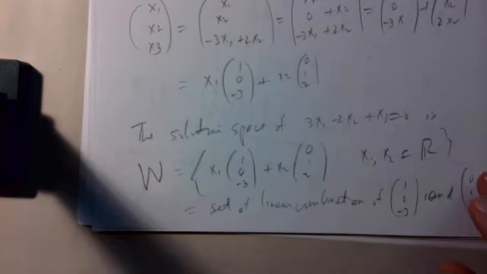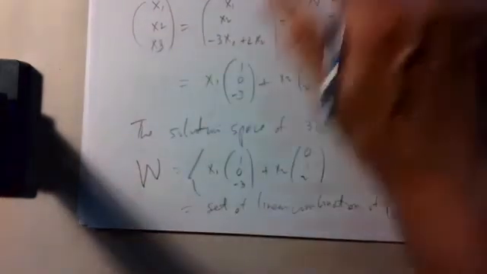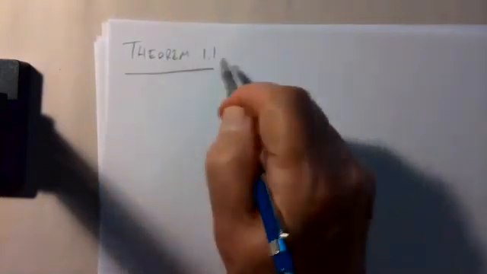So this is an example of a general result, which is the first thing in this chapter so far that's worthy enough to be called a theorem. So this is theorem 1.1.